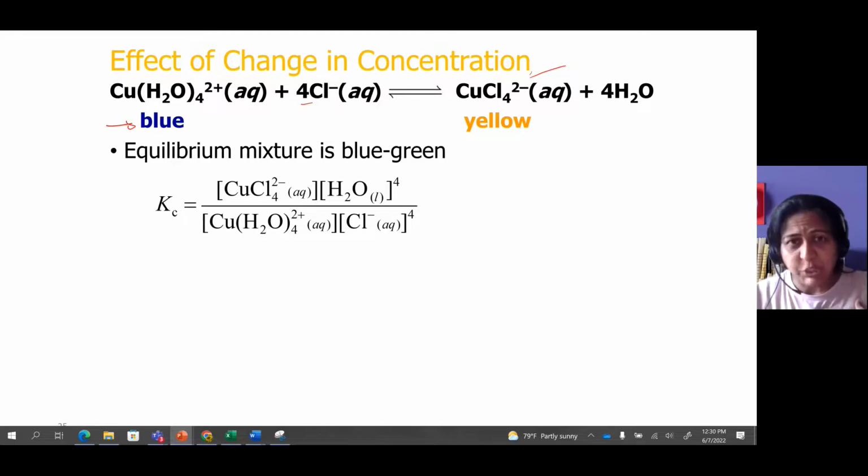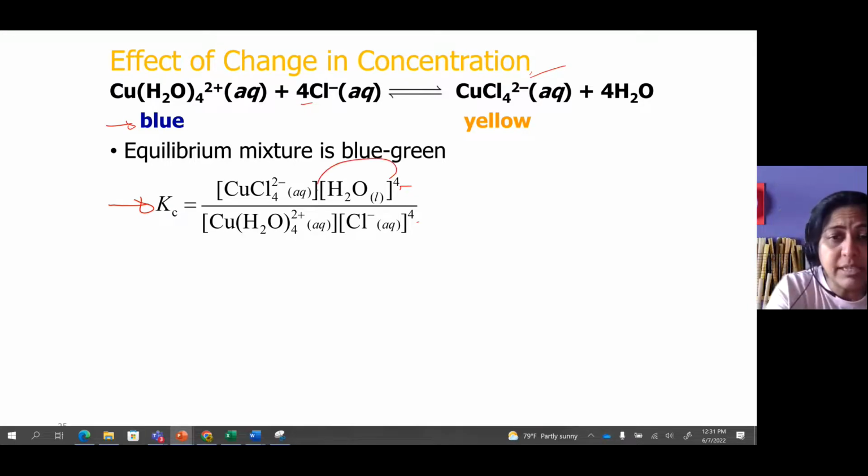What is the first thing that we should do? Yes, we need to write the equilibrium constant expression for this reaction. Check whether the reaction is balanced and get the coefficients appropriately, and you write the multiplication of the concentrations of products in the numerator raised to the power of their coefficients, divided by the multiplication of the concentrations of the reactants in the denominator, raised to the power of their coefficients.